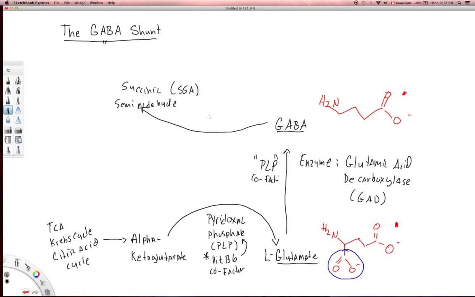What happens is the enzyme that catalyzes this reaction is GABA transaminase. So let me write that out. Transaminase.